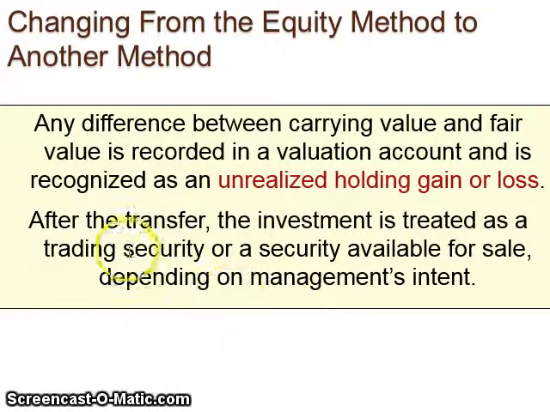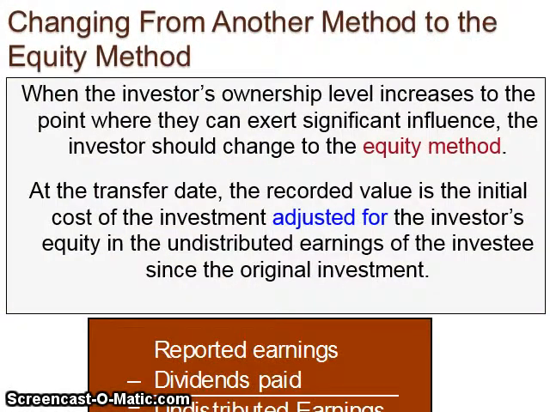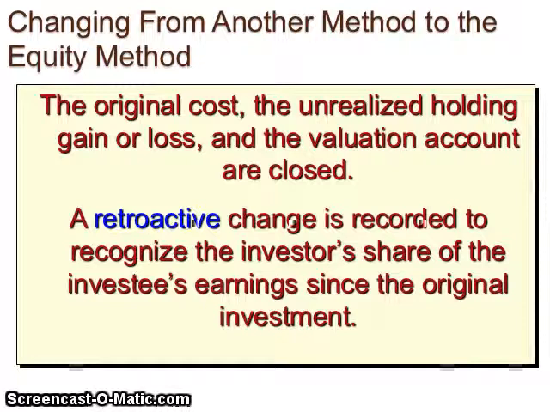I hate reading slides to you guys, so I'm going to let you read through these on your own. I'm not asking you to do any calculations here. Really, it's just understanding the difference between the different scenarios if you change from another method to the equity method or from the equity method to another.